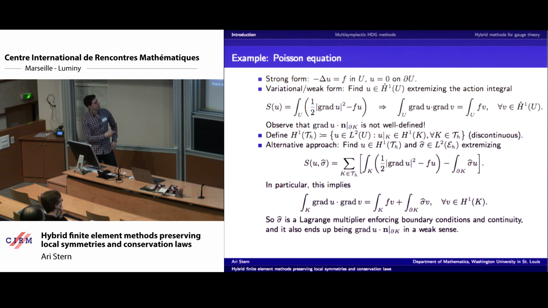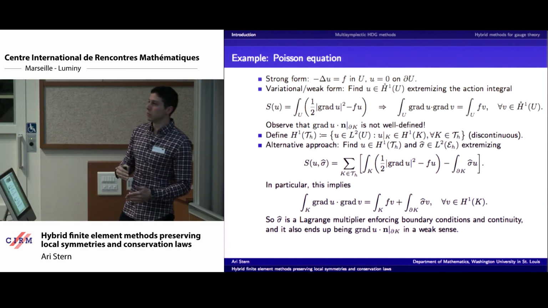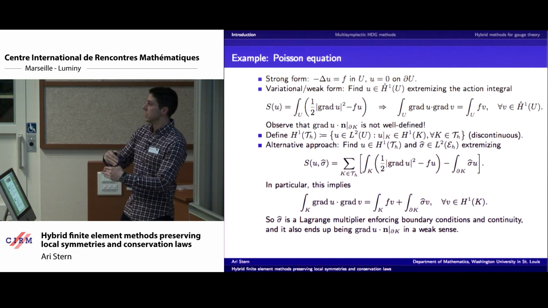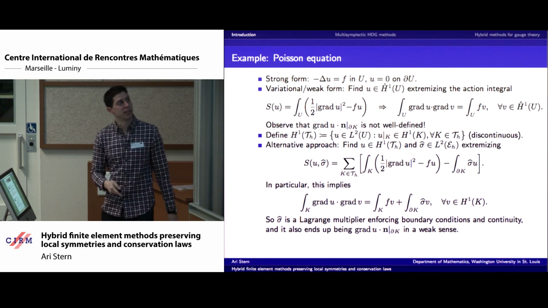So if I sum over all the K's of sigma hat on the boundary, sigma hat is going to be multiplied for each edge by the jump in u across that edge. I can think of sigma hat as acting like a Lagrange multiplier that tries to make u continuous across the interface between neighboring simplices.